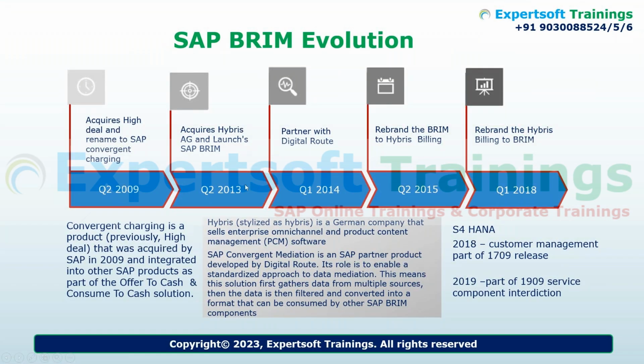Okay. So I was just explaining to you guys where exactly BRIM started. Why is this coming into the spotlight? SAP, if you look way back at 2009, as an ERP system, we had ERP providers like JD Edwards, Oracle.